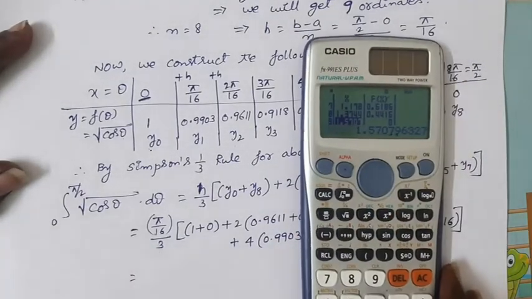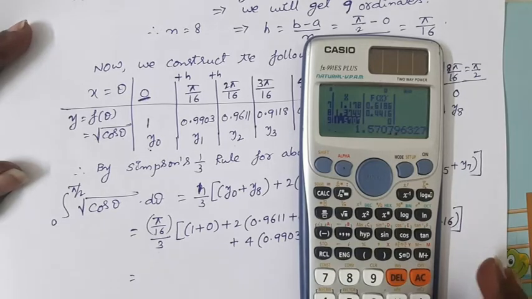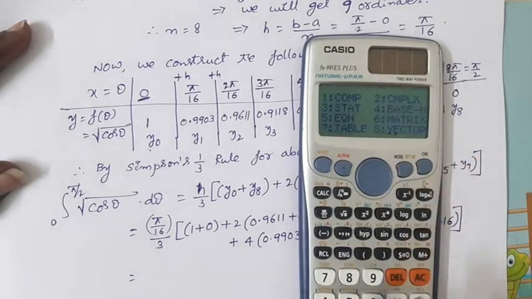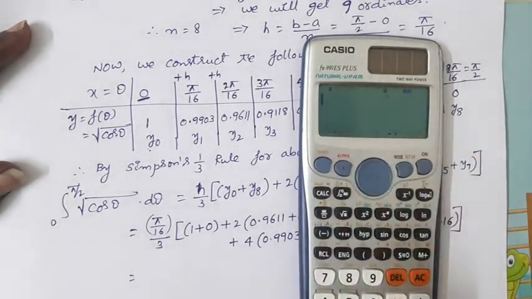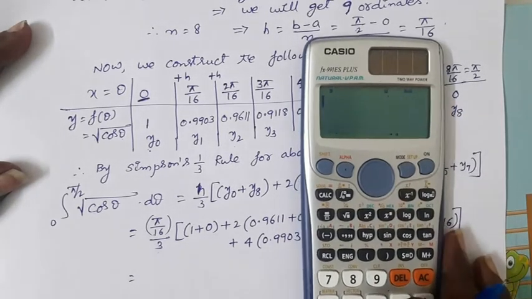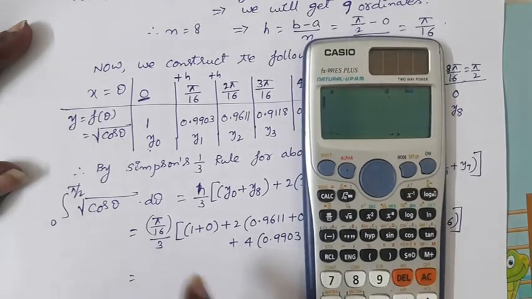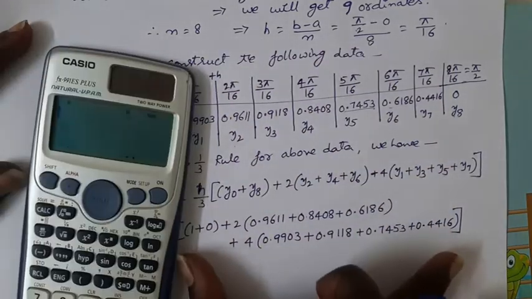We can get this entire value by using the scientific calculator again. Our calculator shows the previous operation. To erase this operation, operate mode and 1. Now that operation is erased from our display. First operate the terms between the square brackets.